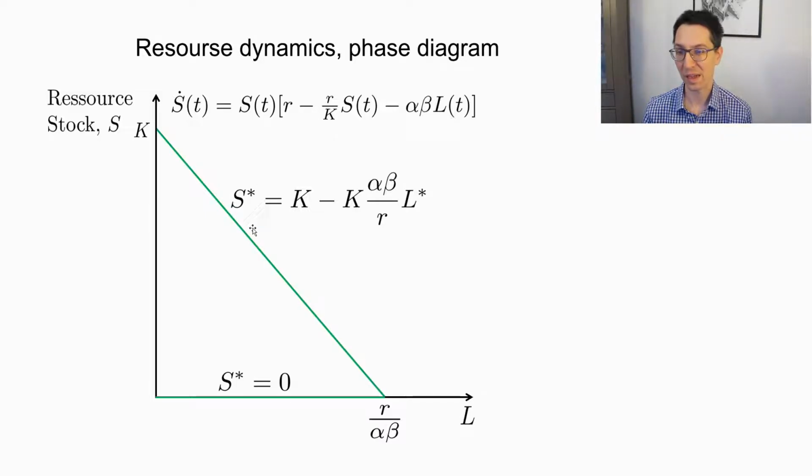Same thing if I were to ask, what if L goes up? So if L goes up, then this was equal to 0. So S dot was equal to 0. And now L goes up. So there's a minus alpha beta in front. So it means that S dot will again decrease.